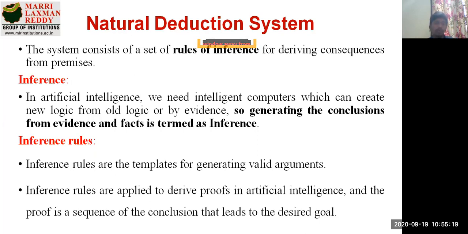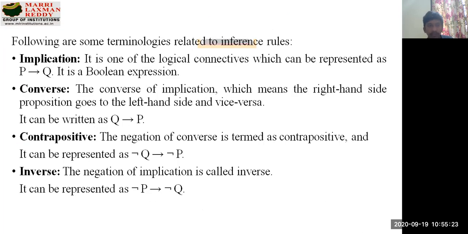I will talk about this natural deduction system again in the next slide, and we will get a proper understanding of what that is. Previously we have seen some properties, some logical connectives, and also what a tautology is, what a contingency is, and what a satisfiable property is.